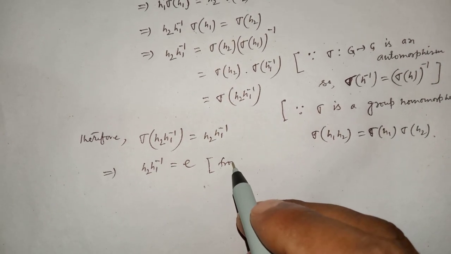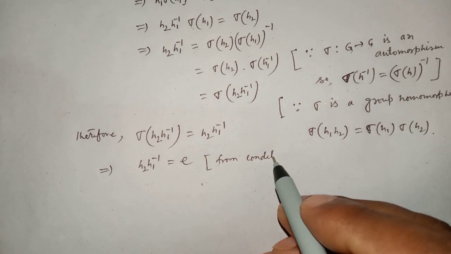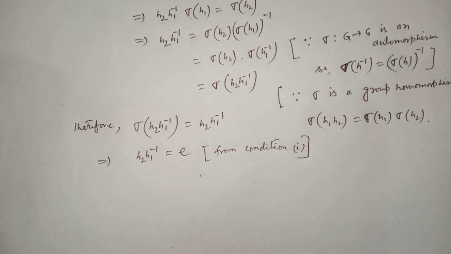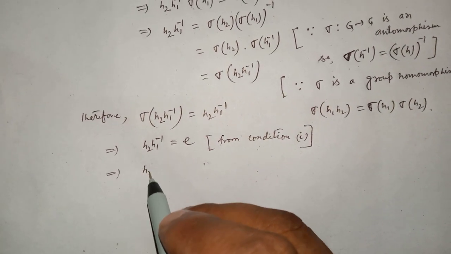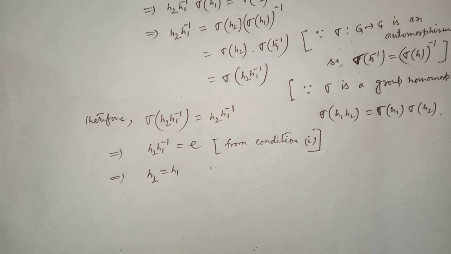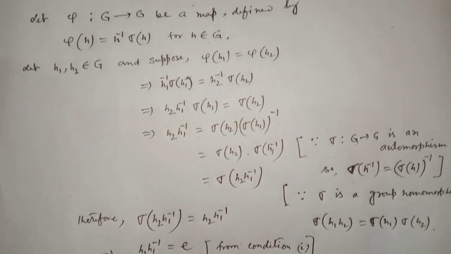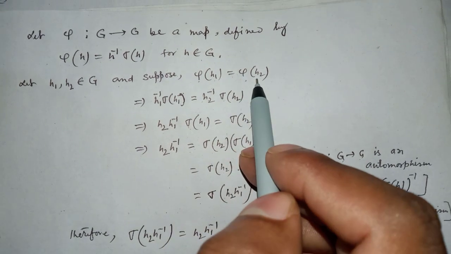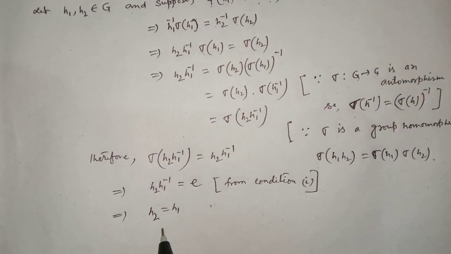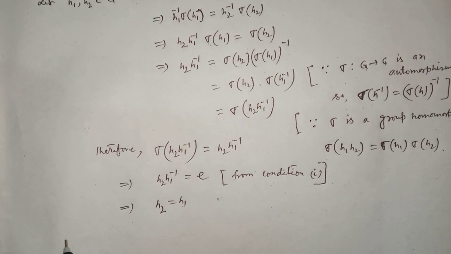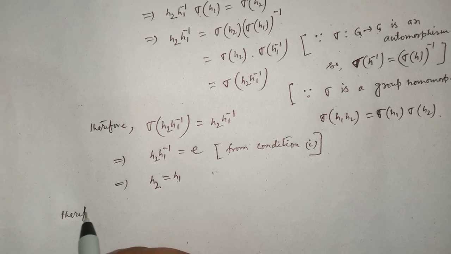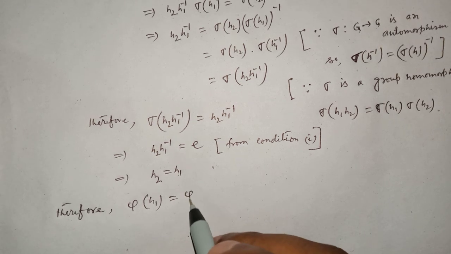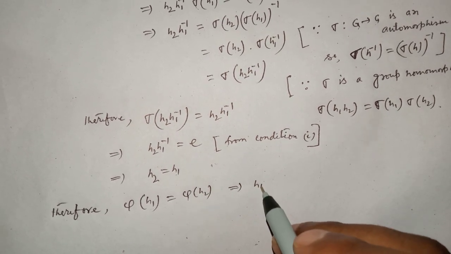From condition 1, this implies h2 is equal to h1. Therefore phi(h1) is equal to phi(h2) implies h1 is equal to h2.